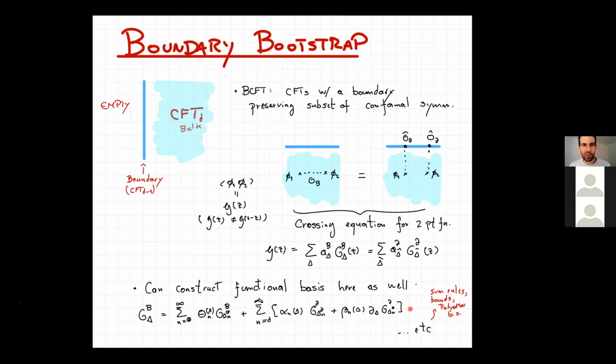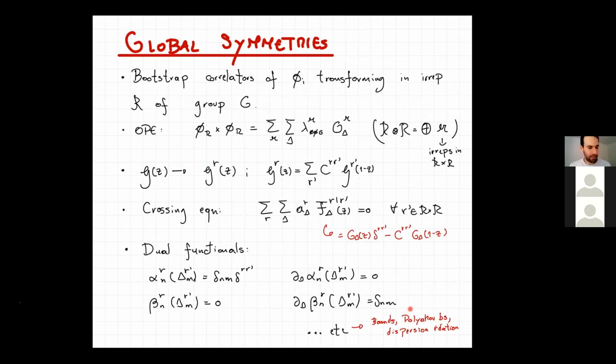The other generalization that you can consider, also relatively easy, is to bootstrap correlation functions of operators that transform in some irreducible representation R of some group G. In this case, when you look at the OPE of the phi's, you can split this OPE into a sum over representations. The operators in the OPE are now labeled not only by the scaling dimension, but also by the representation of the group they live in.